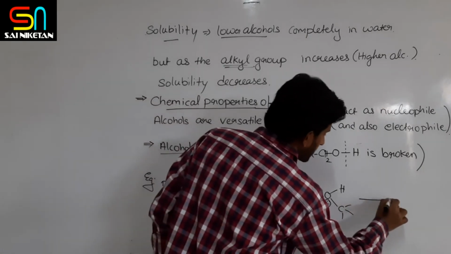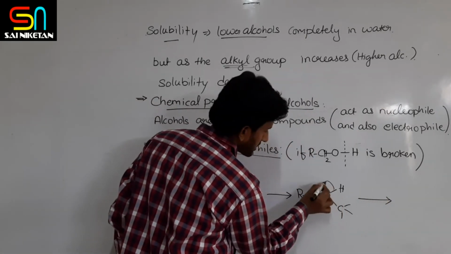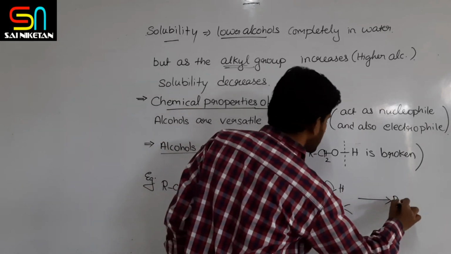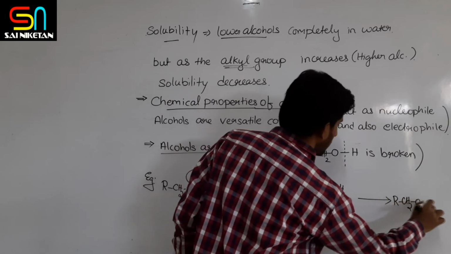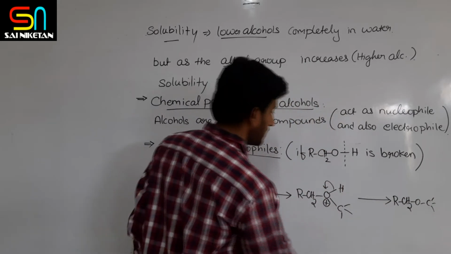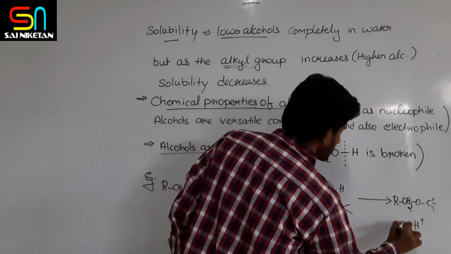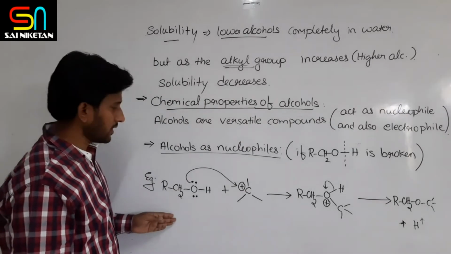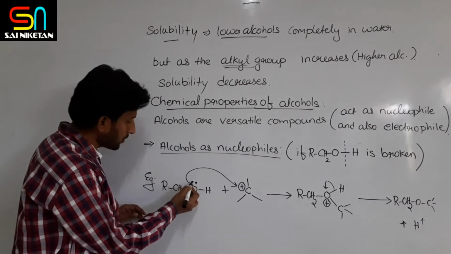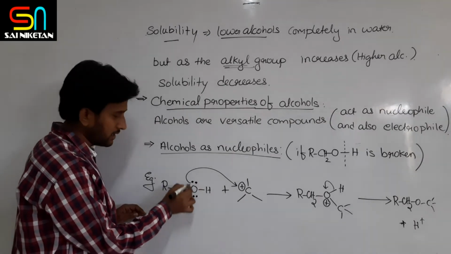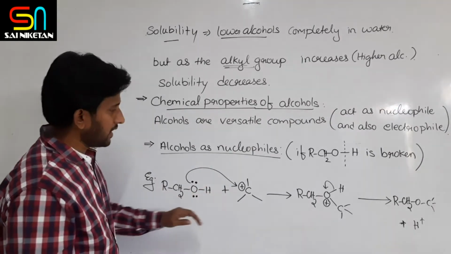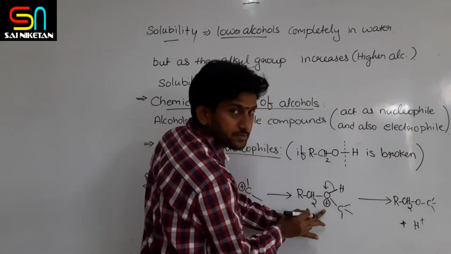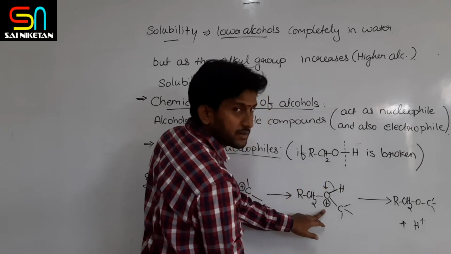Now what will happen in the next step? The bond pair of electrons shifts to oxygen and the proton is eliminated, so you get the product RCH2OC plus H+. Due to the lone pair on the oxygen, it is acting as a nucleophile, and in this process the OH bond is broken.